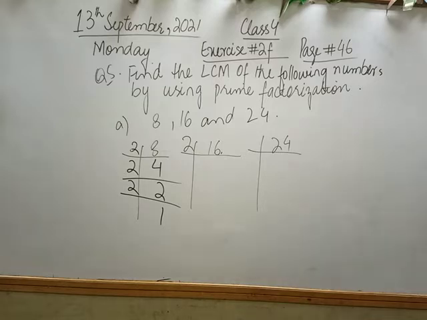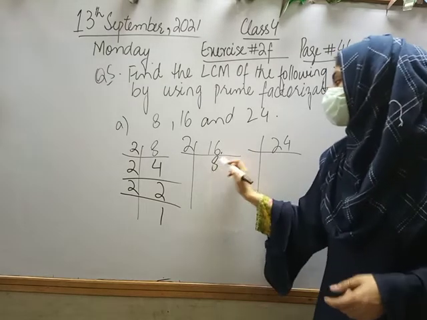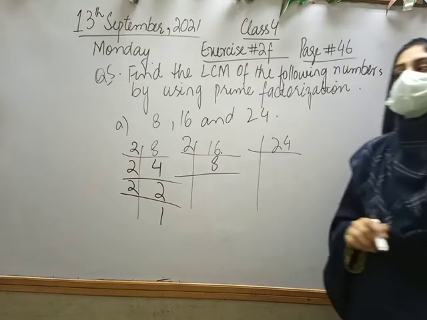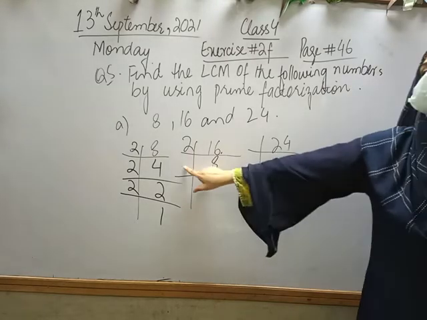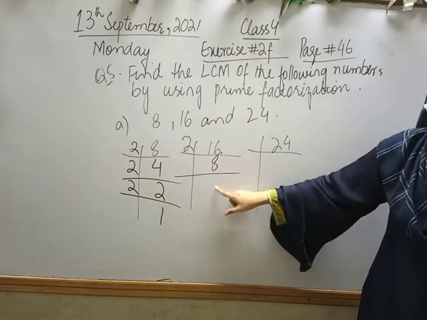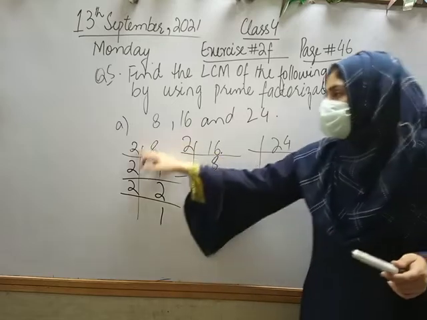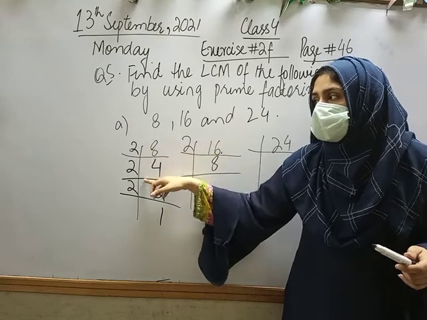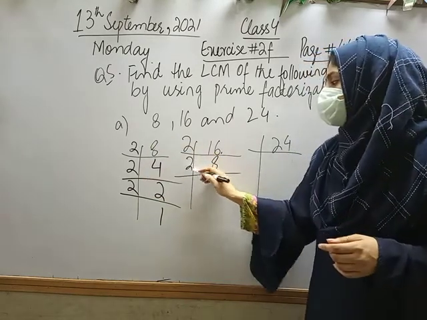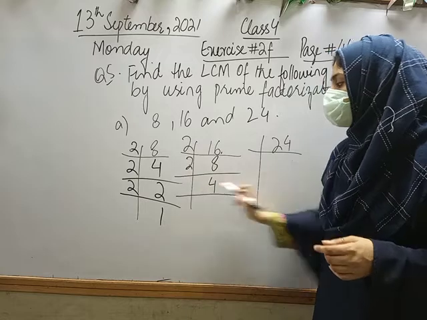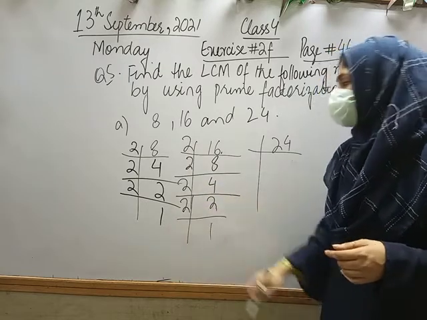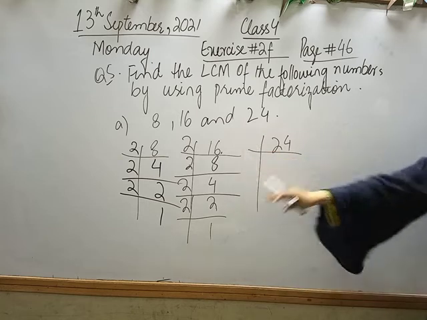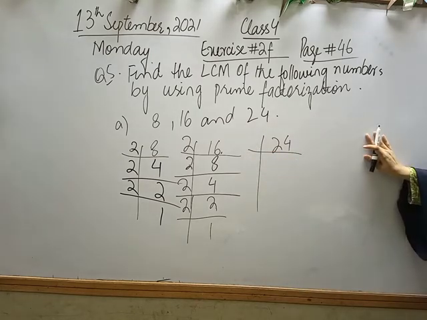Very good. 2 8 times. Okay? Now class, by how many times will I multiply 2 to get 8? We have already done 8 here. If you look here, I will do the same: 2 4 times, 2 2 times, and 2 1 times. So this is the prime factorization of number 16.